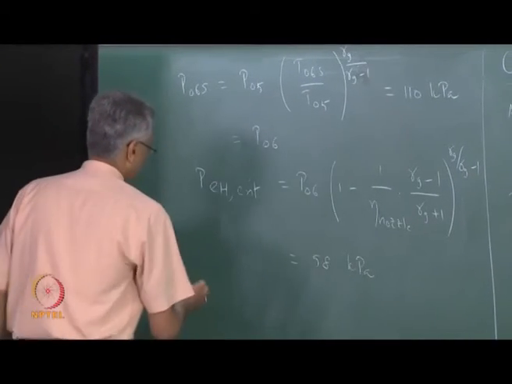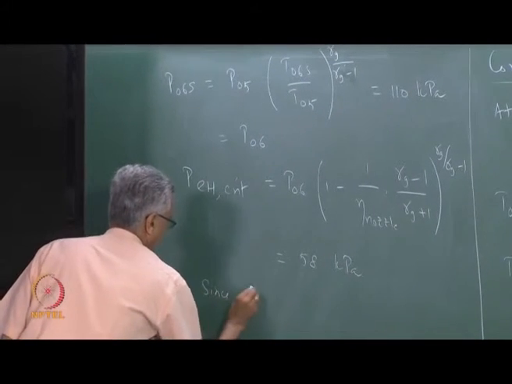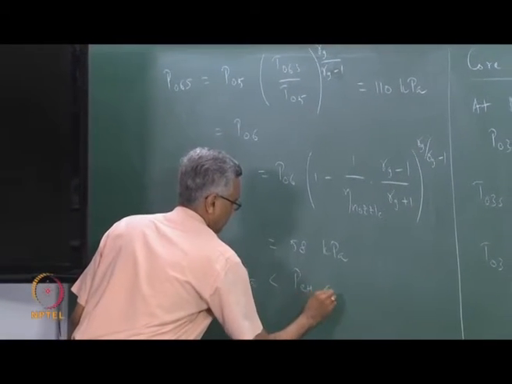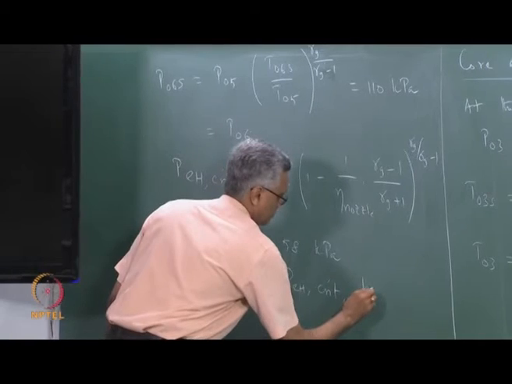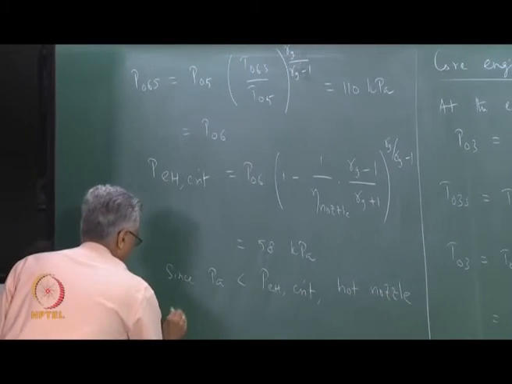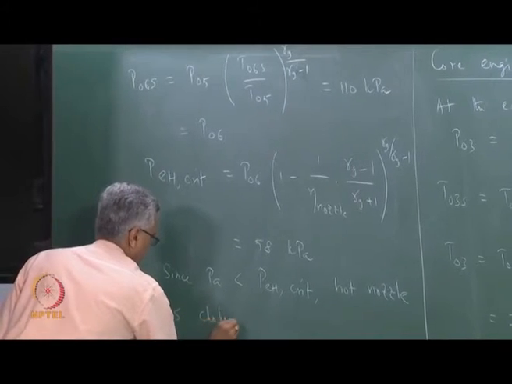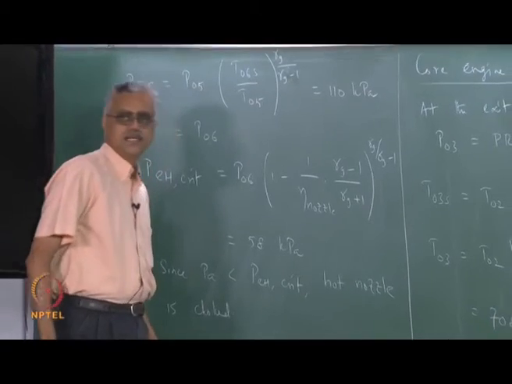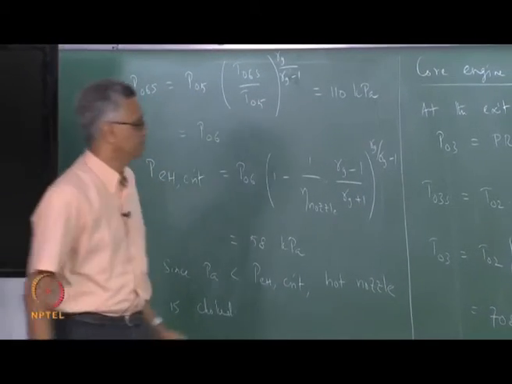So since PA is less than PEH critical, the hot nozzle is choked. Which means that the exit static pressure is equal to the critical pressure.